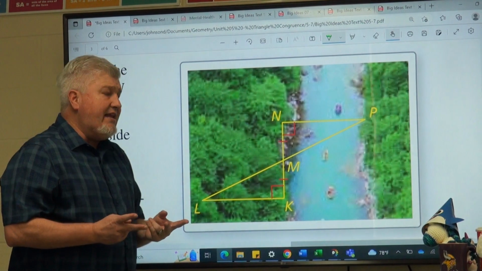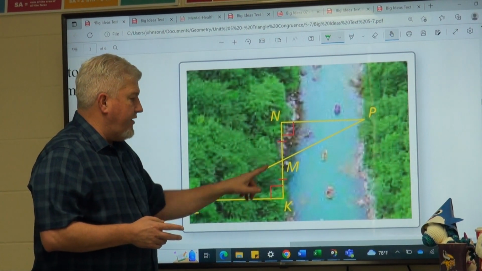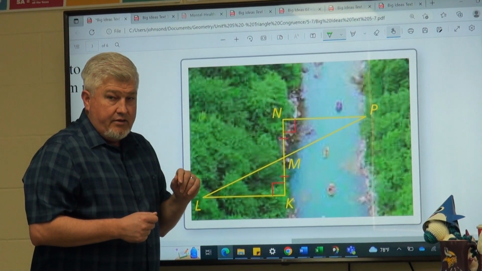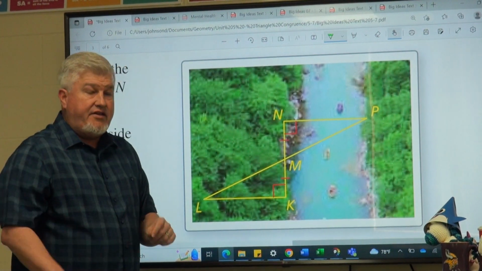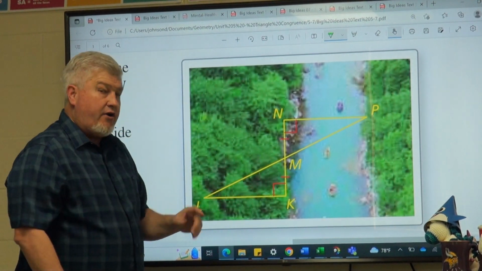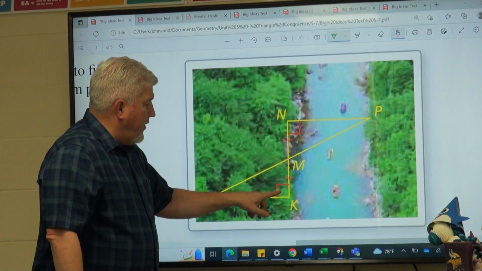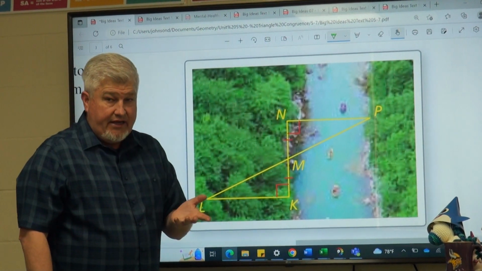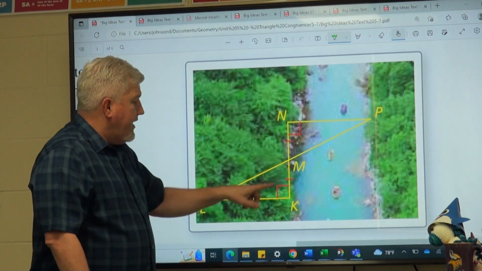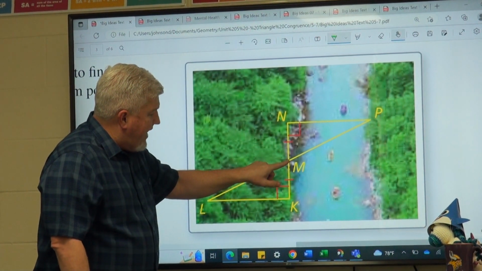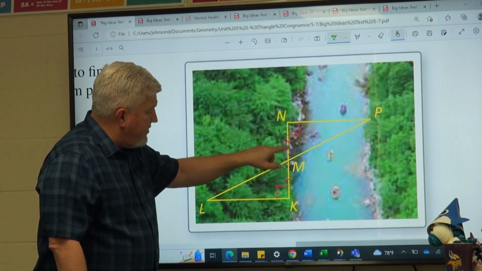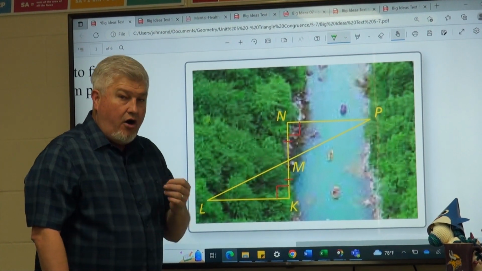So now you've created 2 right triangles. What we ask ourselves is, can I prove these 2 right triangles to be congruent with one another? Well, we know we have 2 right angles. That's clearly equal to each other. And since we took this line and split it in half, we know this length and this length are also equal.